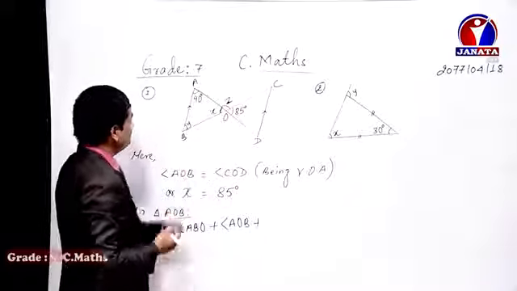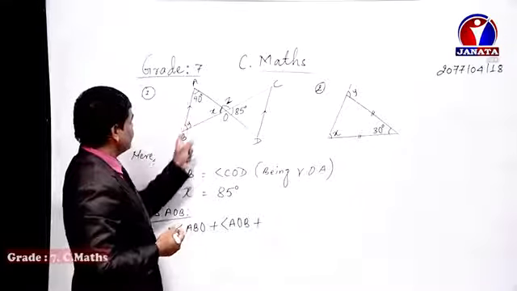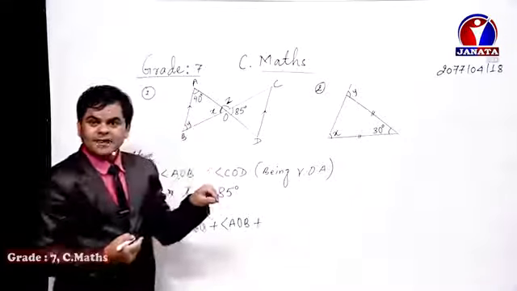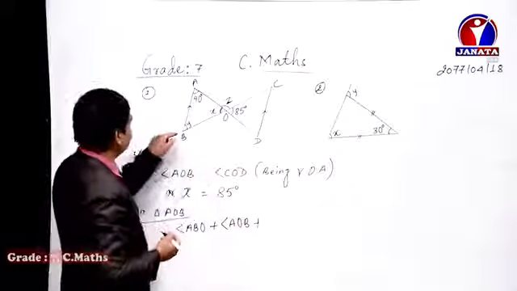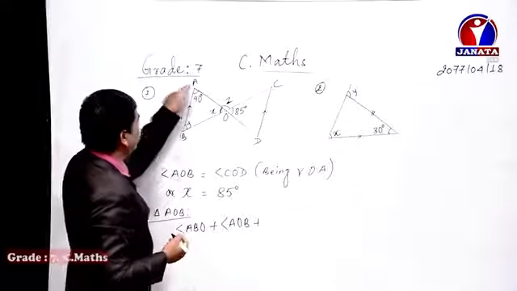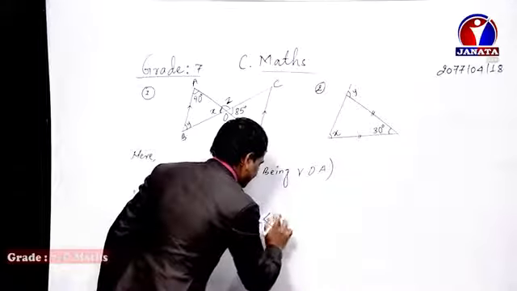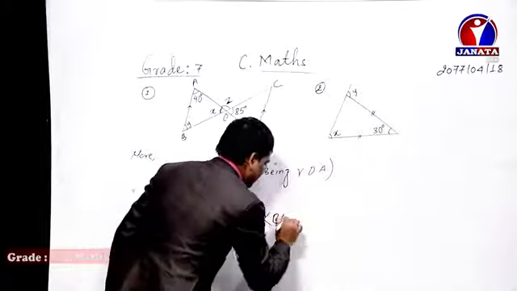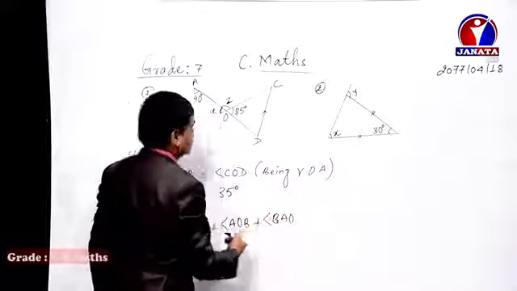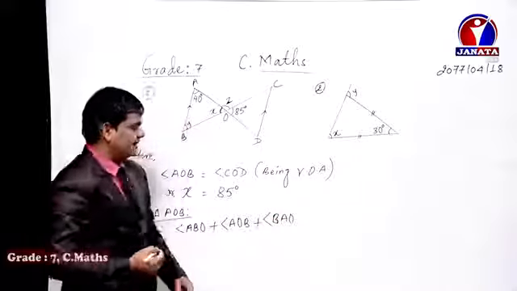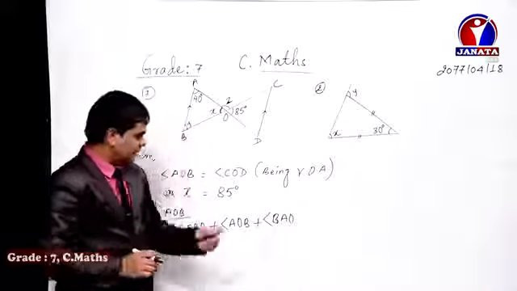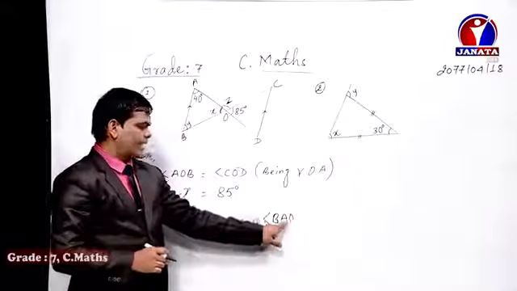But among them, if you write OAB, it will be a little bit alphabetically incorrect. That's why it is better to write angle BAO. So let's write BAO here. But you can write OAB as well to denote the same angle. It doesn't mean that it will be wrong.